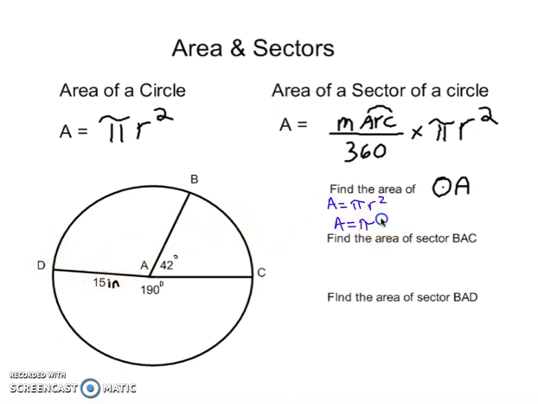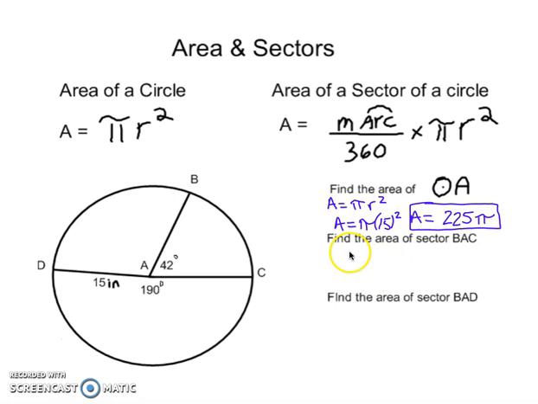So we would put pi 15 squared. So our answer for that would be that area equals 225 pi. And that would be our area of circle A.